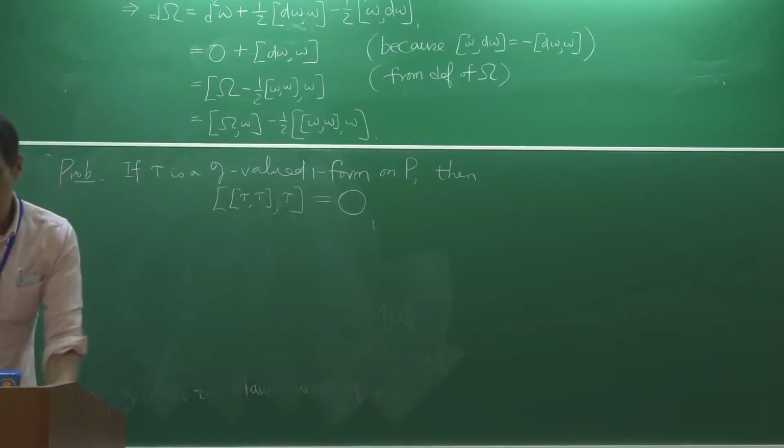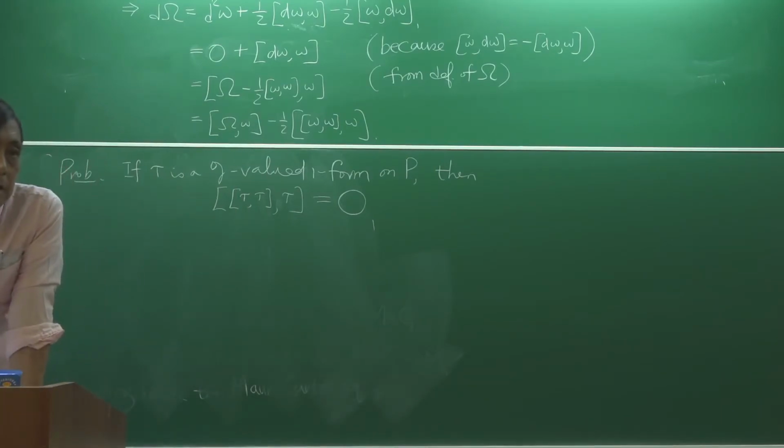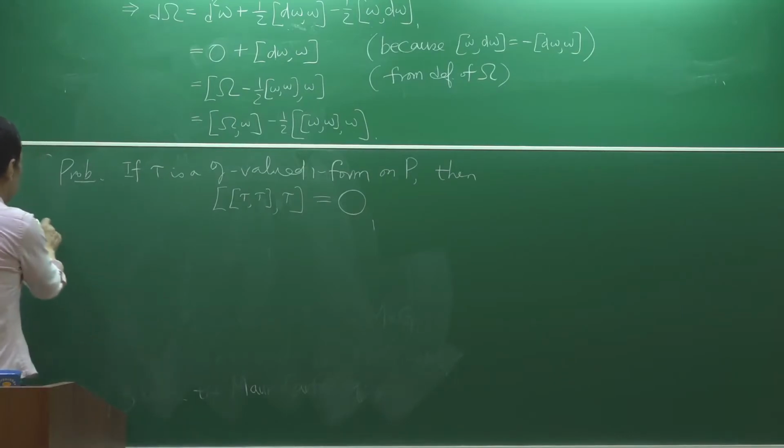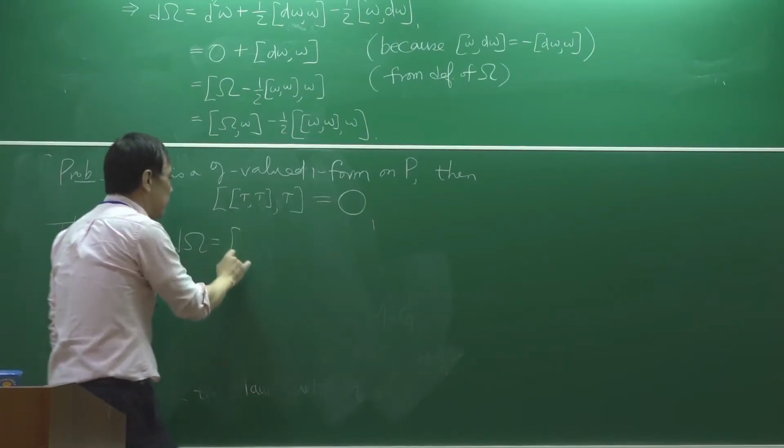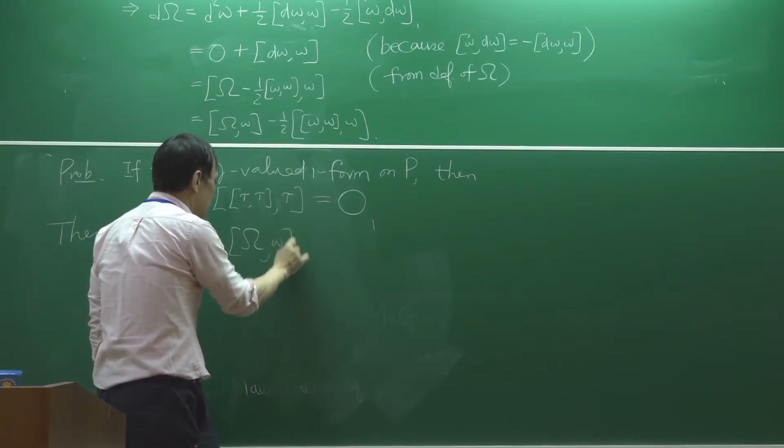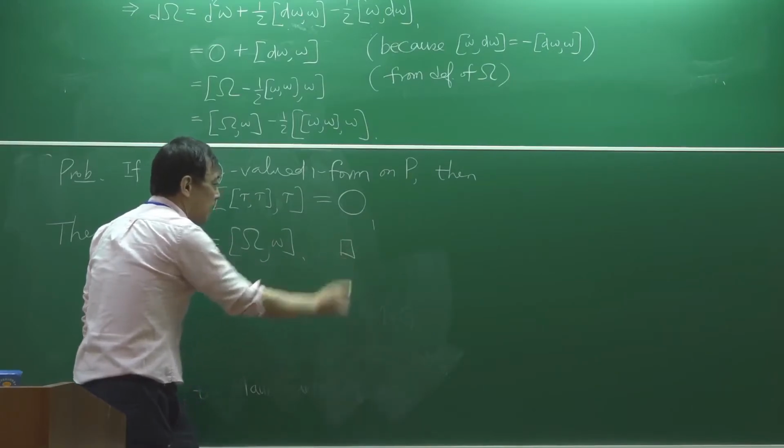So this is essentially the Jacobi identity for a Lie bracket. And so therefore, d omega is bracket big omega little omega.